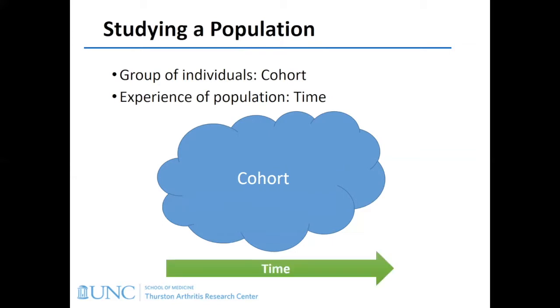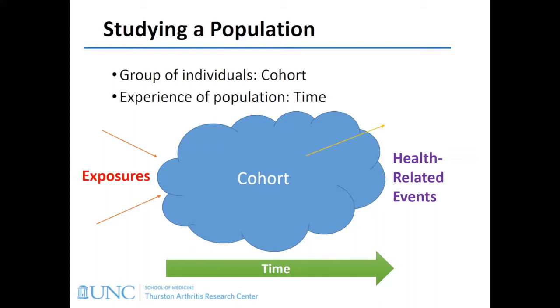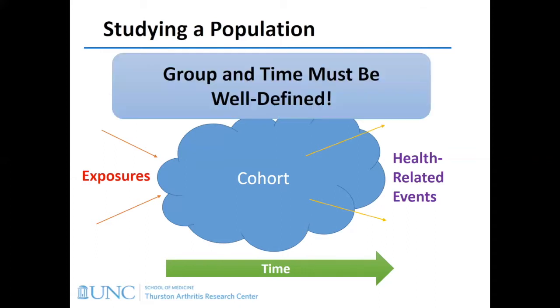Then we're tracking this cohort over time. We can look at it at just one point in time, or at multiple points in time. And then we're interested in looking at all the exposures that act upon that cohort, and then seeing what health-related events or outcomes occur to this cohort based on whether they've been exposed or not exposed.